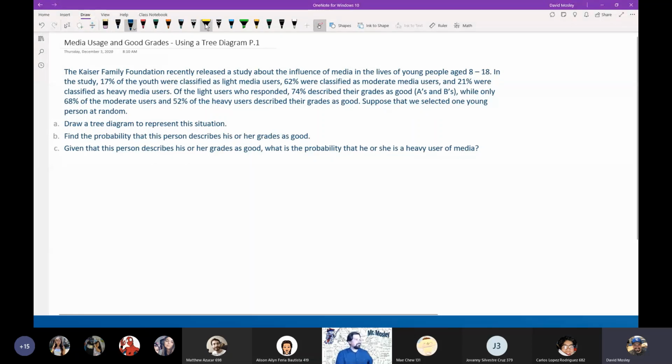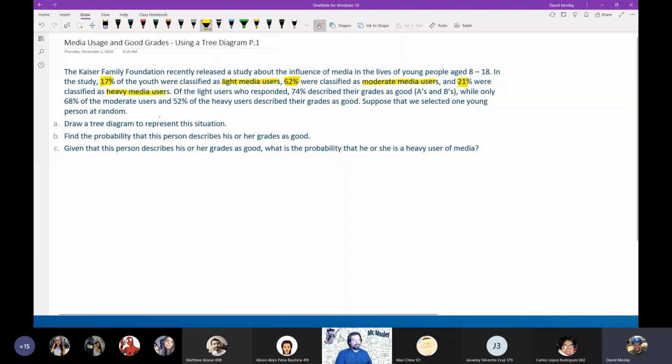So here we go. The Kaiser Family Foundation recently released a study about the influence of media in the lives of young people aged 8 to 18. In the study, 17% of the youth were classified as light media users, 62% were classified as moderate media users, and 21% are heavy media users.